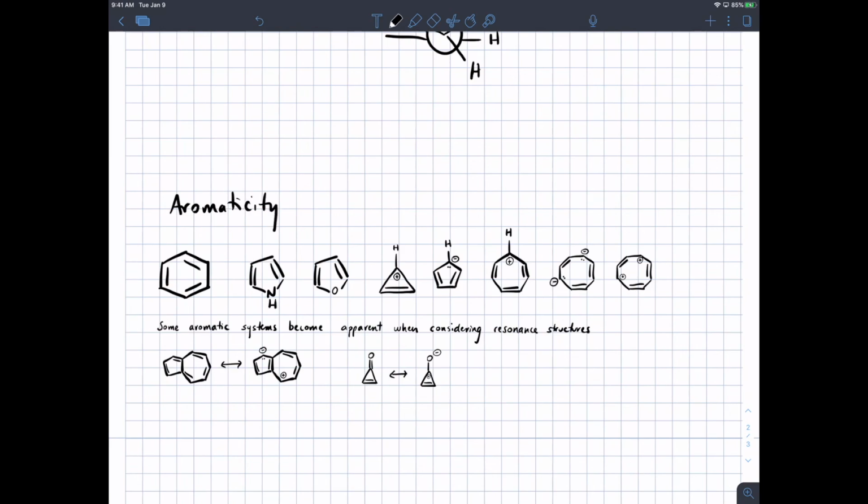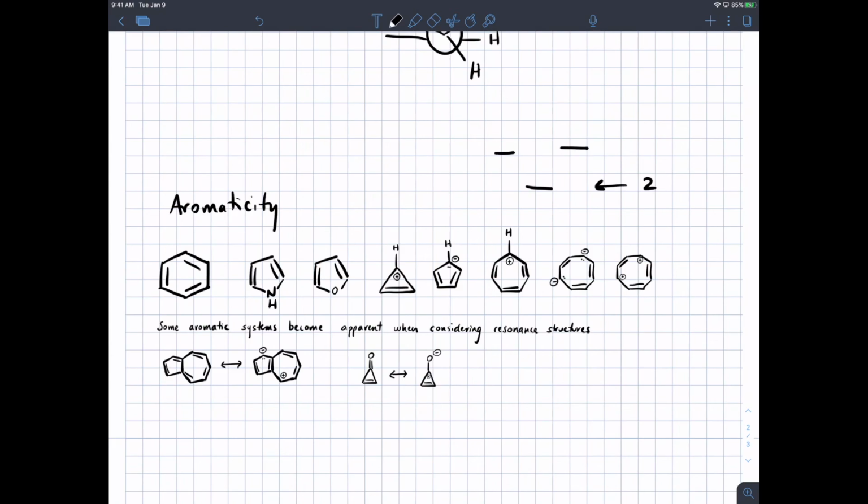Basically with aromaticity, you need to be cyclic, planar, fully conjugated, and have the right number of electrons. That number is 4n plus 2. The 2 comes from the fact that in aromatic systems you have one lowest energy orbital, the one where the pi orbitals are all in phase. Beyond that, you've got degenerate pairs of orbitals, all the way up until perhaps you get to the highest orbital.